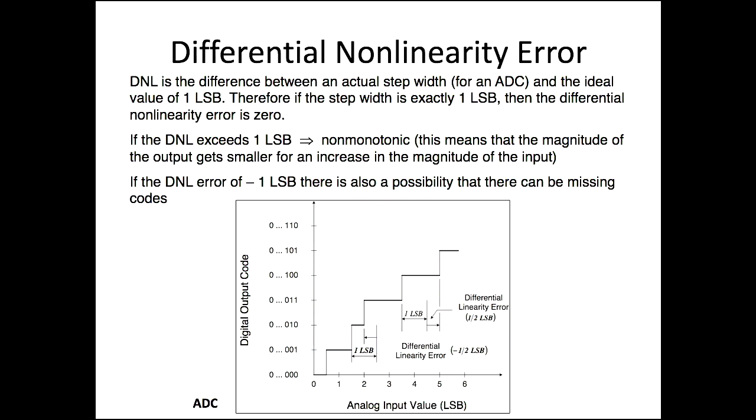Say you have a 16-bit ADC with 16 effective bits, and you calculated 1 LSB equal to 152 microvolt. But with differential non-linearity error, it will not be 152. Next time 1 LSB will be 148, or it will be 150. So there is a change, and that is called a differential non-linearity error.